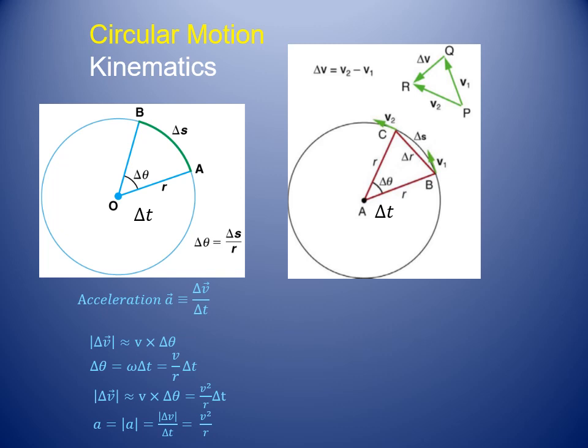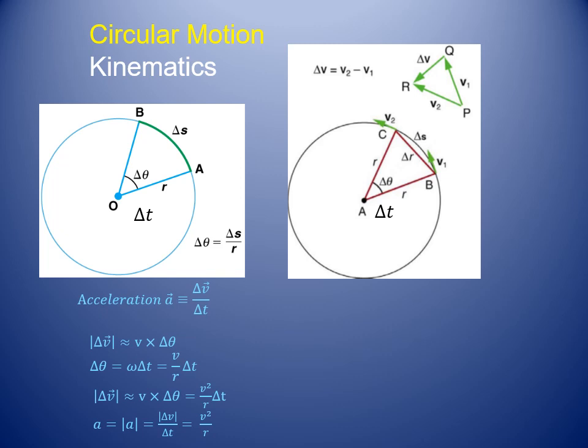This is the magnitude of the velocity change, which is sideways to the velocity itself. Finally, for the acceleration, you divide by delta t again, so the delta t is gone, and the magnitude of acceleration is v squared divided by r.